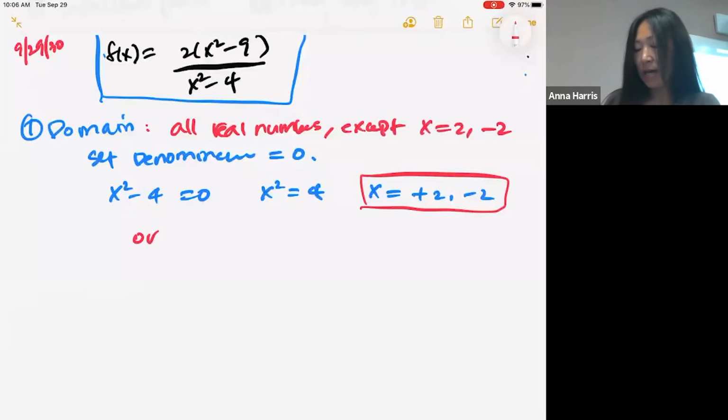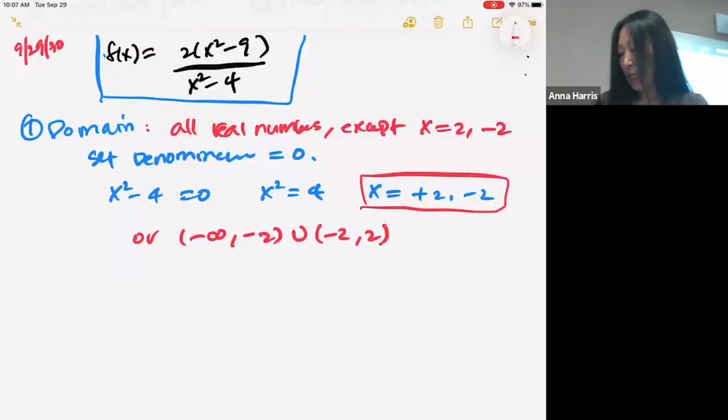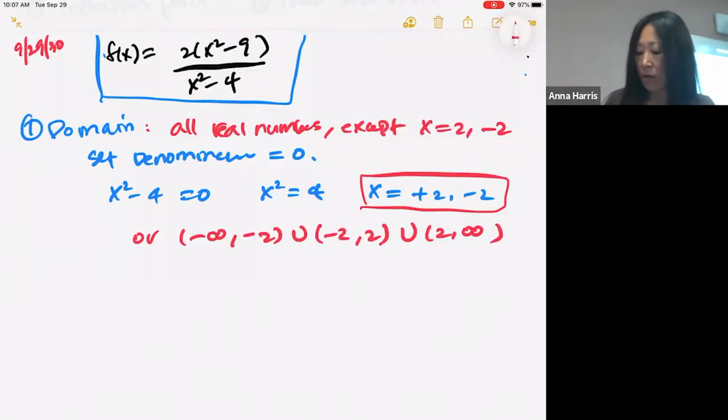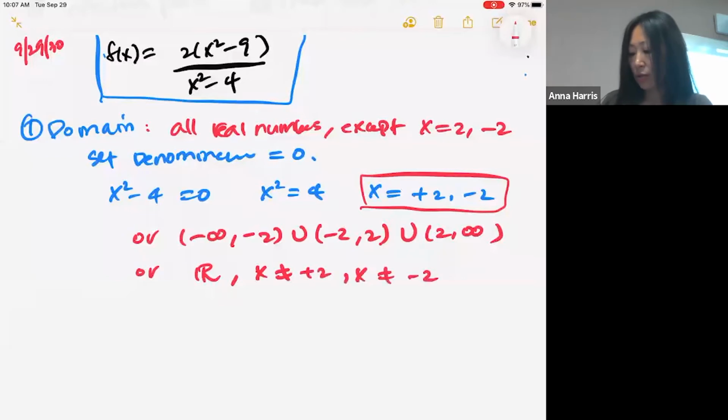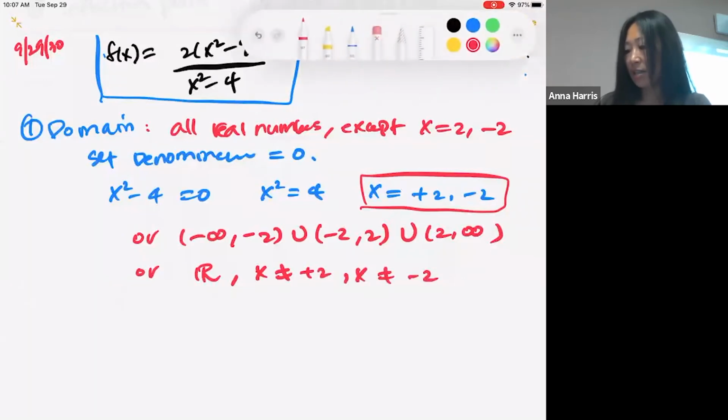Or you can say negative infinity to negative 2, union negative 2 to 2, union 2 to positive infinity. So either way is fine. Or you can say all real numbers, x cannot be 2 and x cannot be negative 2. So every one of them is fine. This is how you're gonna write it down.